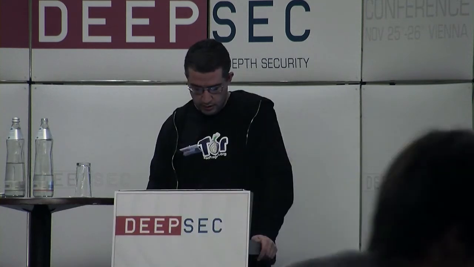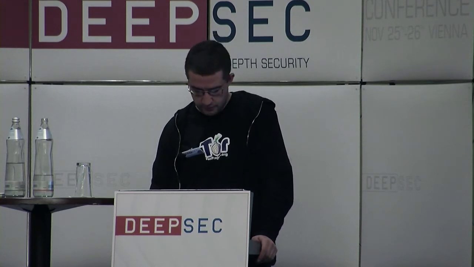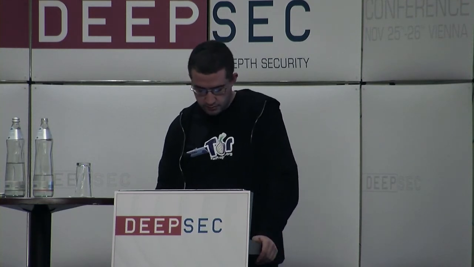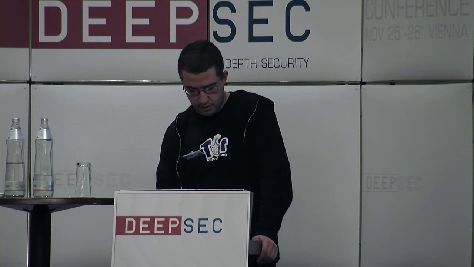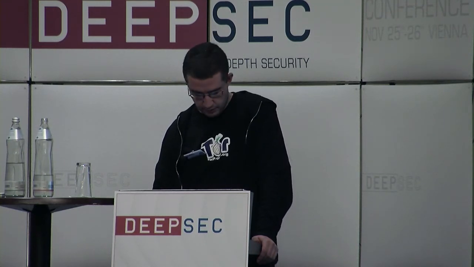So, what is the outline of this talk? I'll give a brief overview of mobile phone insecurity, or security, and then we start talking about how Tor runs and how you can install it on mobile phones and other devices.